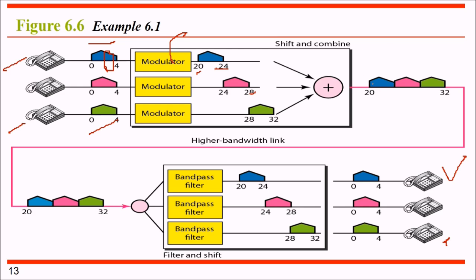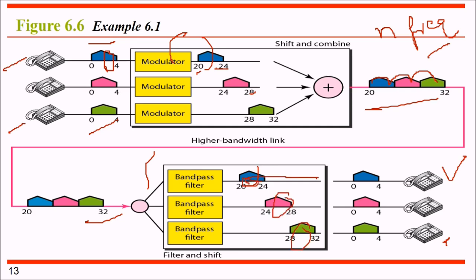Combine them: first frequency, second frequency, third frequency band. So you need n frequency bands of n frequency channels for sending these 3 different voice channels. So you need a higher bandwidth link. Now it reaches here. We already have the bandpass filter. They will be filtered according to their frequencies, and the 20 to 24 will be sent to this, and likewise.